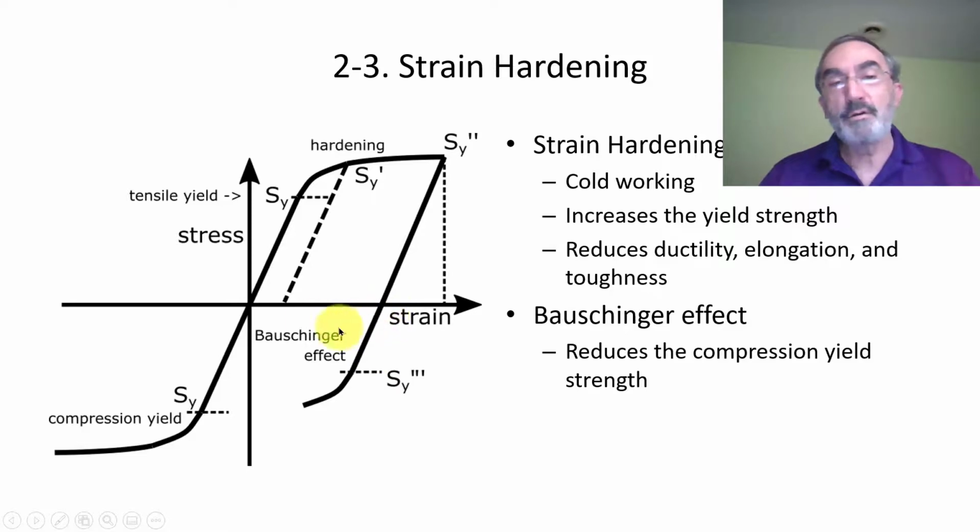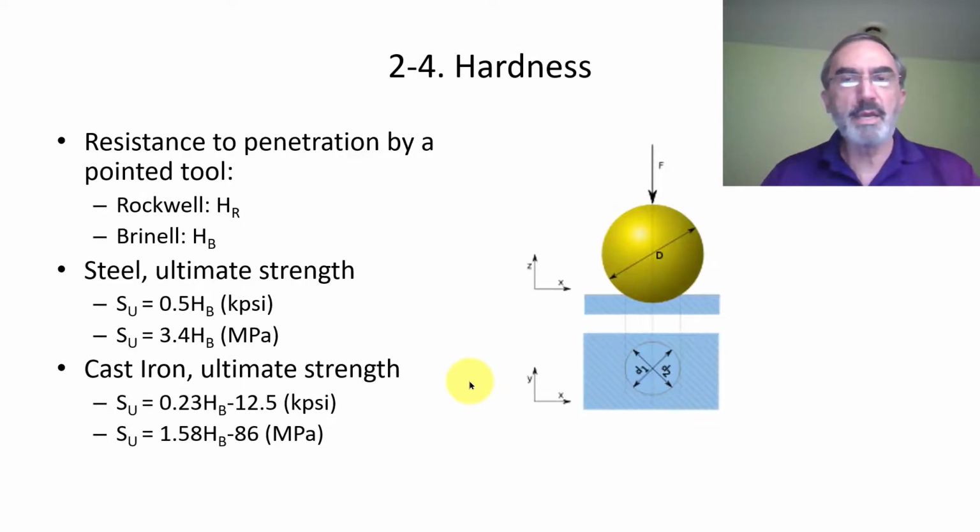All right, so the Bauschinger effect will do that to you. Okay, so that's pretty much it. I'm going to mention this again because it helps explain how we understand fatigue, in chapter 6.